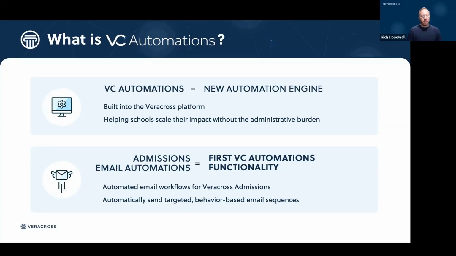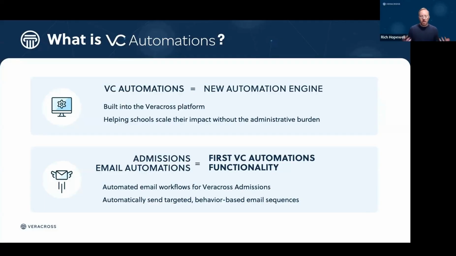So that's the underlying framework. So think about that as an architecture that can be reused across the platform in many different areas, not just admissions. Today, we're going to be talking more specifically about admissions email automations, which is the first section of VC automation functionality that we're going to be rolling out.